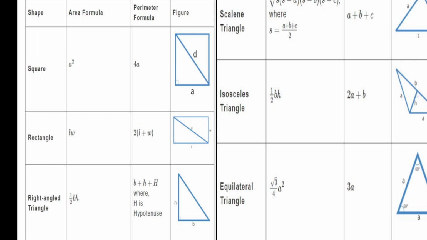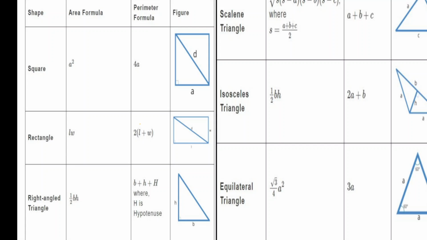And children, here are some of the formulas for different two-dimensional geometric shapes, and please go through all these formulas. We can use these in our later sessions to find out the surface areas and volumes of the three-dimensional figures.